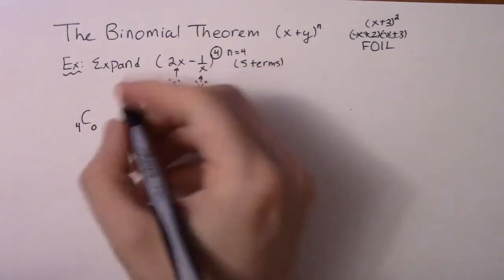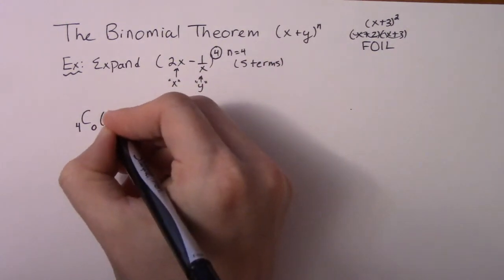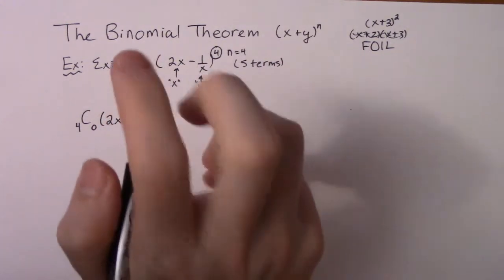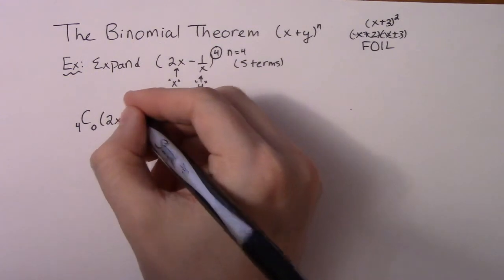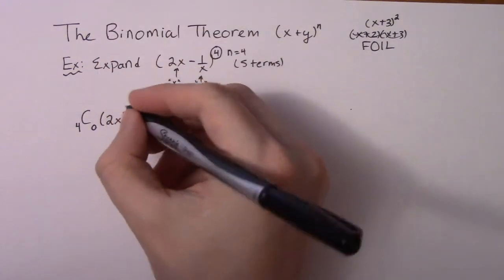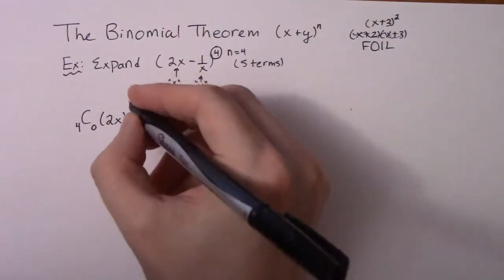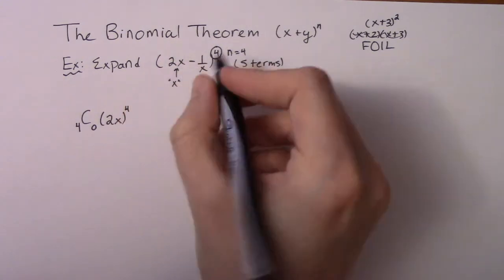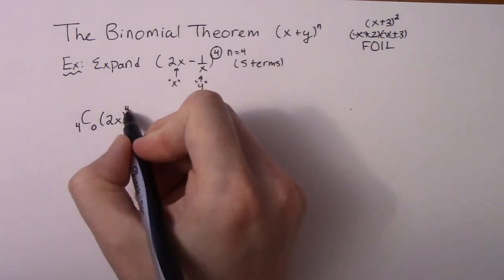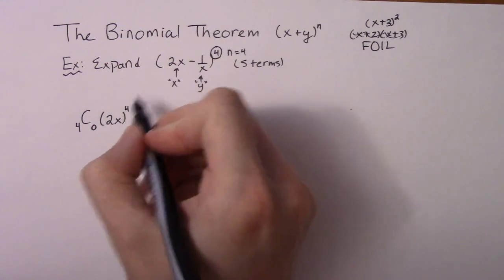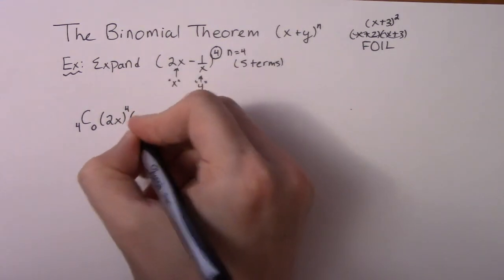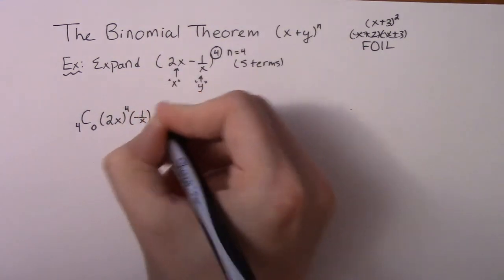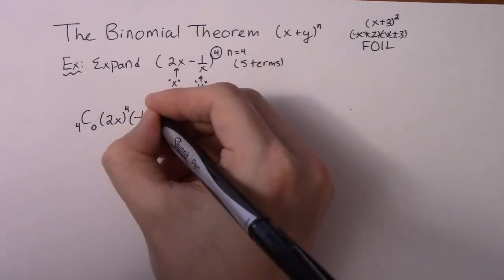Then I have this guy, so 2x, that's like my x, all to the 4. Whatever your highest n value is, you put it on your initial first term. And then I have negative 1 over x, so it's important to include the negative, and this is initially to the 0.